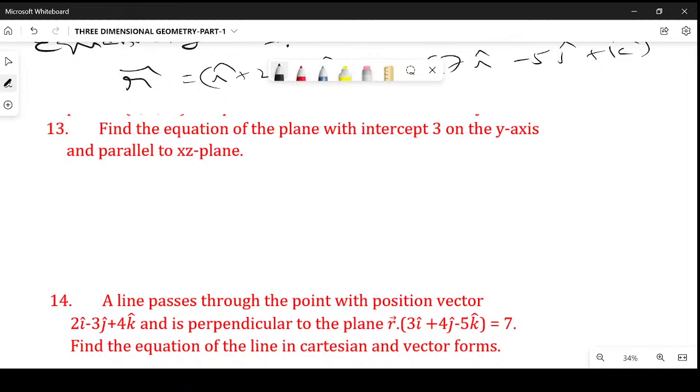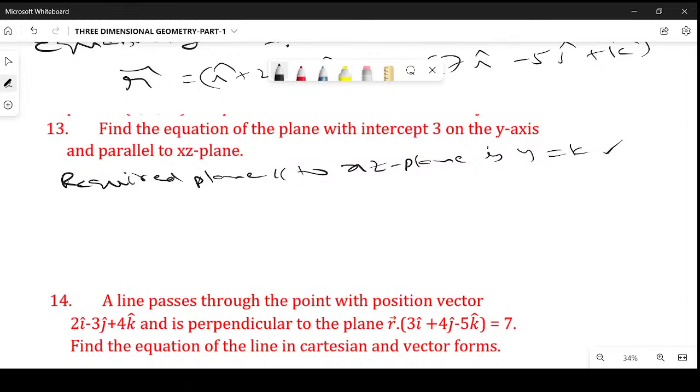When it is parallel to the zx plane, always remember, the required plane parallel to the zx plane or xz plane is y is equal to k.